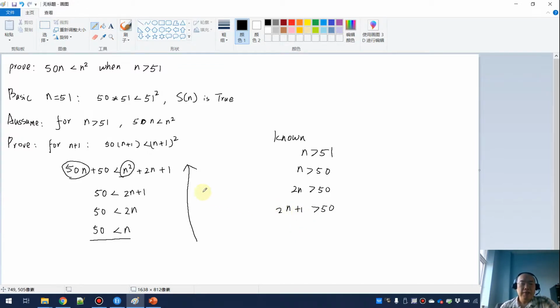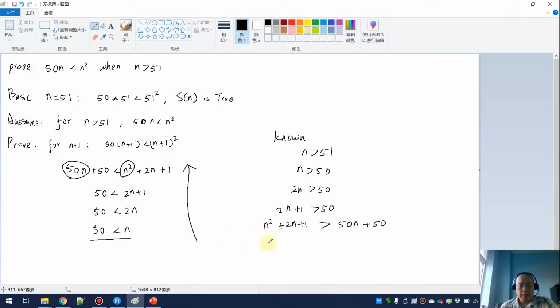Okay, and then we also know, well, n squared is greater than 50n, so how about I add a larger value, n squared, to the left side, and then we add a smaller value, 50n, to the right side. Okay, so on the left side, I added n squared, which is the larger value. On the right side, I added 50n, which is the smaller value.